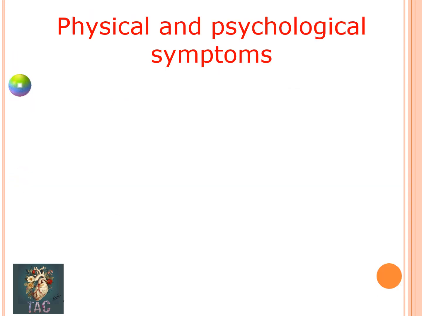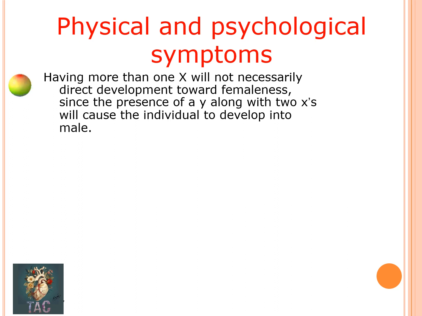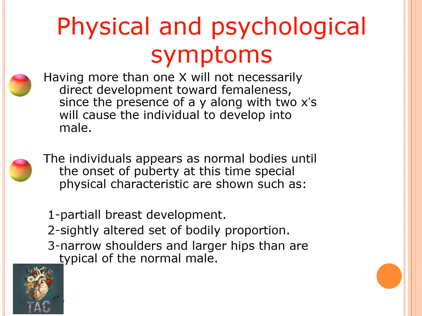So the physical and psychological symptoms of Klinefelter syndrome are that having more than one X will not necessarily direct development towards femaleness, since the presence of Y along with the two X will cause the individual to develop into a male. These individuals usually have normal bodies until the onset of puberty.